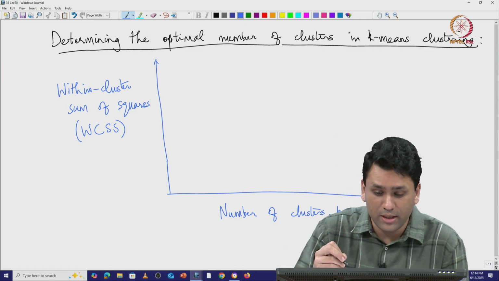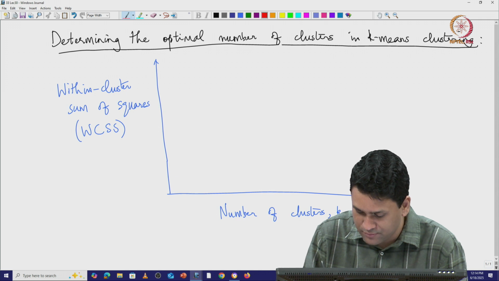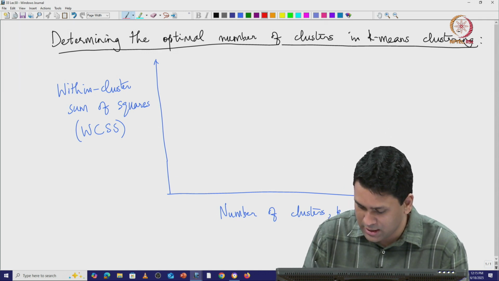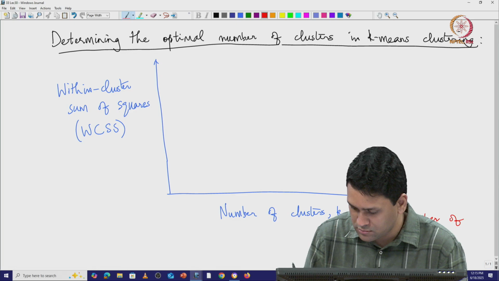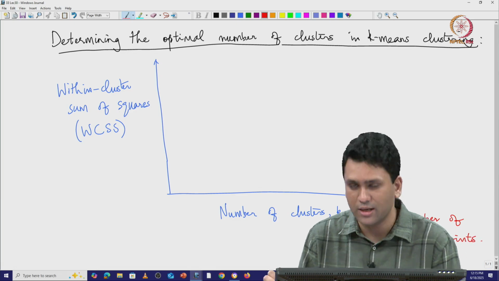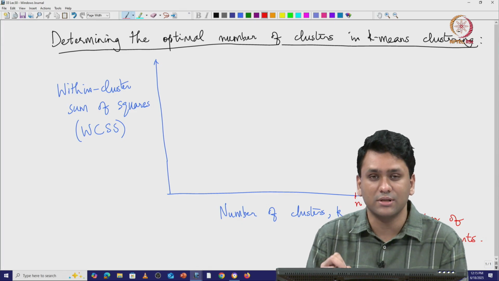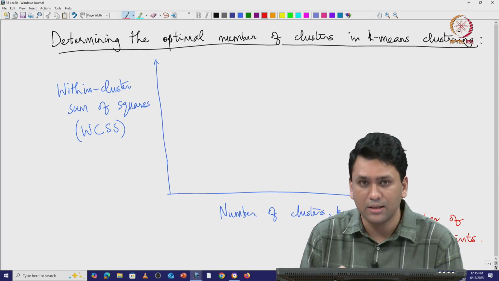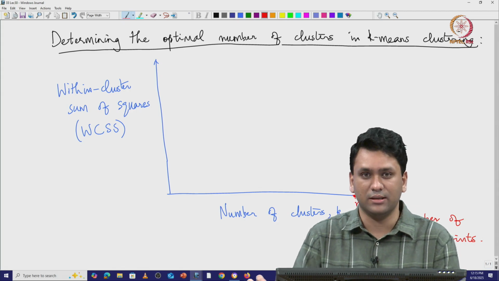And you already know that the largest value of k is n, the number of data points, and as already discussed, if the number of clusters equals the number of data points, the WCSS is exactly equal to 0. So, that is the point on the x axis you can see.